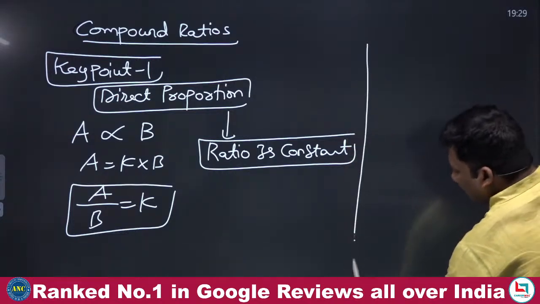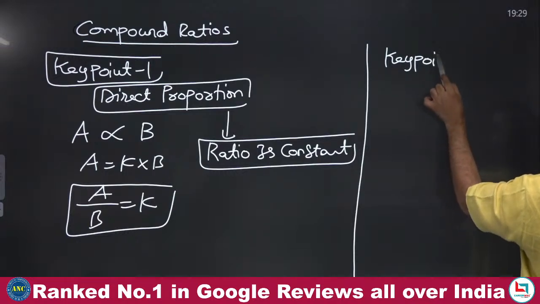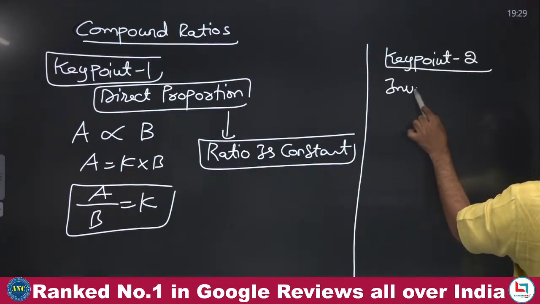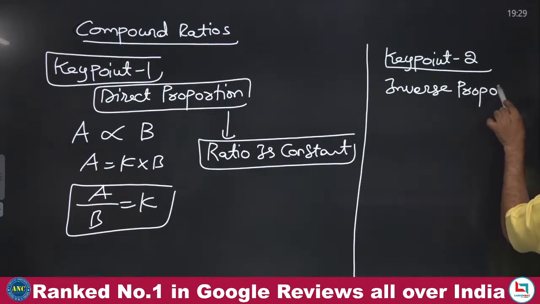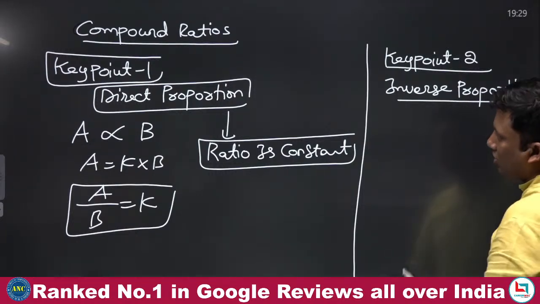What is the other key point? Key point 2: inverse proportion. Till now we have taken inverse proportion.